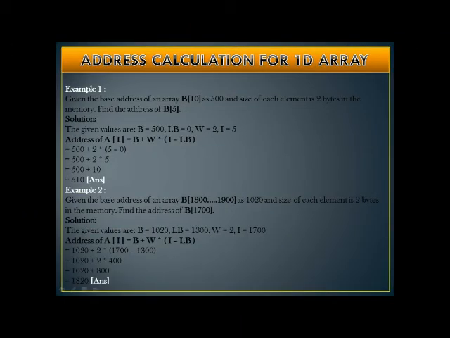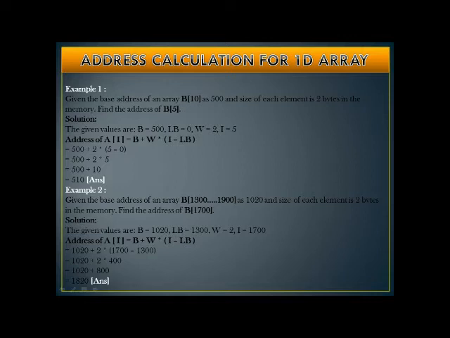In the next slide, you can see simple calculations have been given. The first example gives the base address of an array b of 10 as 500. That means this array starts from the 0th location, because it's a simple array. No initial index or last index is given over here.